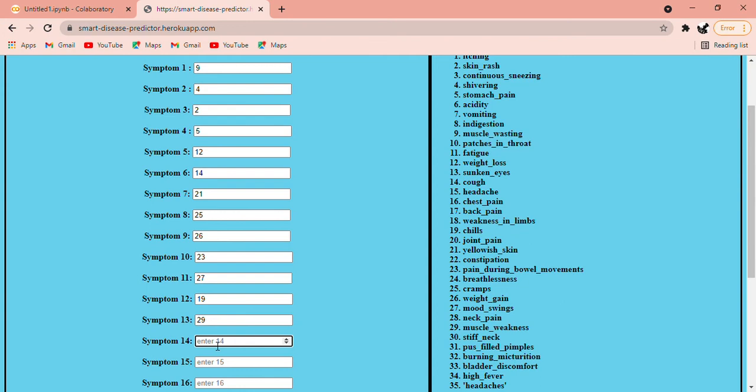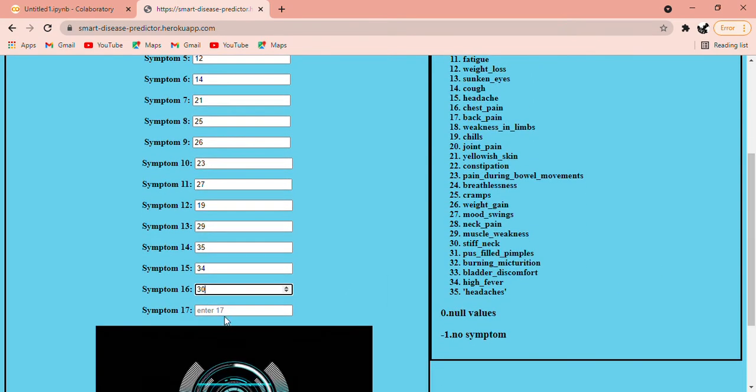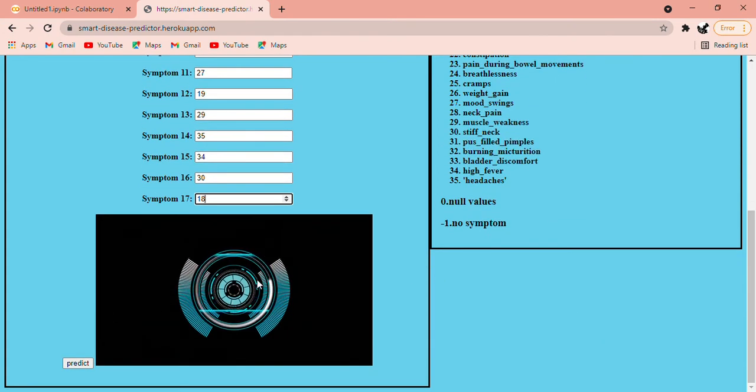That's why I put a list and referenced each and every symptom with a number. So instead of entering all the words, you simply need to enter a number only. I'll enter 35 this time and enter 34. After 34, enter 30. Let's see if the machine learning algorithm is going to pick something from these symptoms. Then we press predict, and let's see.